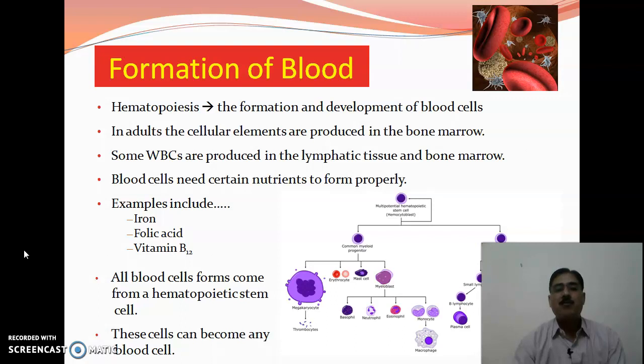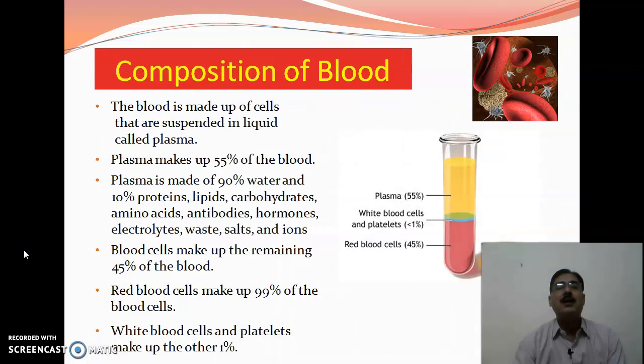All blood cell forms come from a hematopoietic stem cell, and these cells can become any type of blood cell. Now let us discuss the composition of blood.